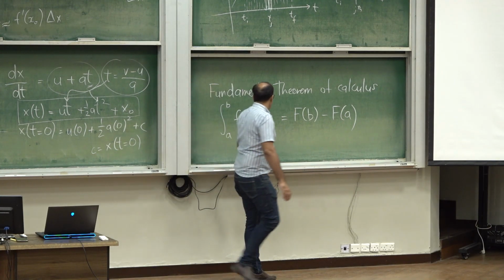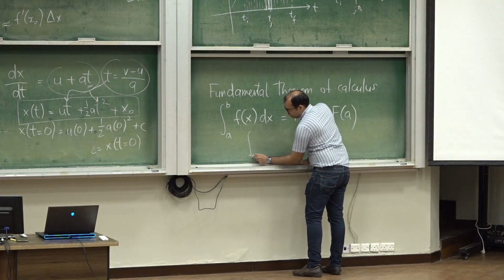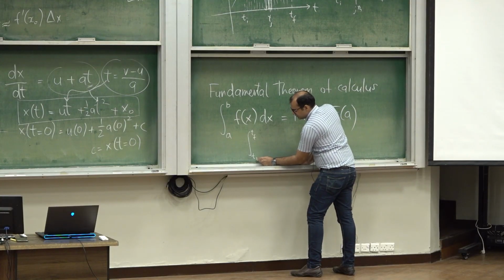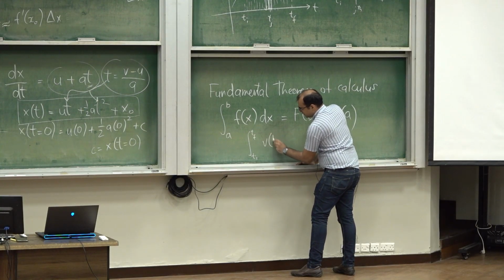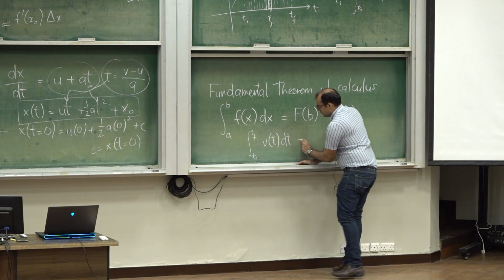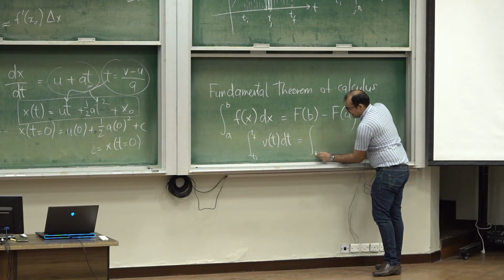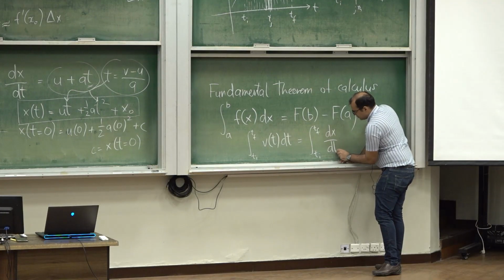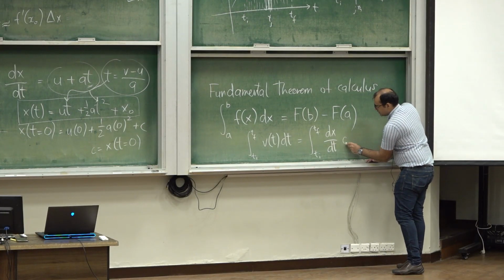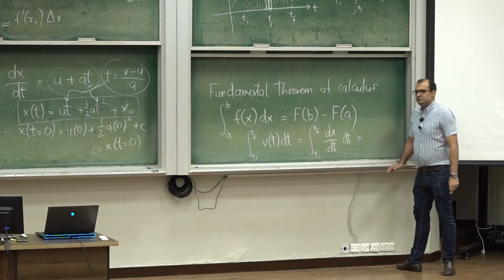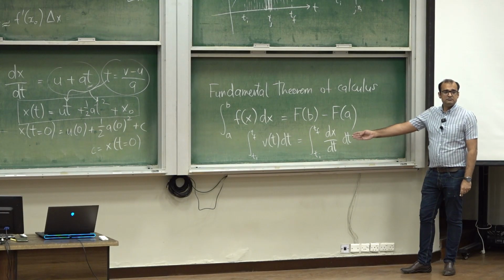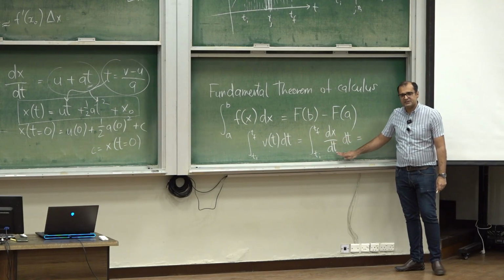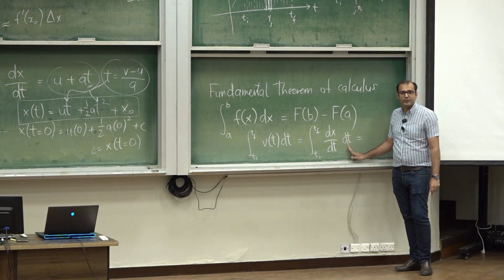One very quick way to see this is, suppose I have to do this. If you just do it like that, what is this thing going to be? You are taking the ratio of a small change in x with a small change in time, and then you are multiplying with a small change in time.